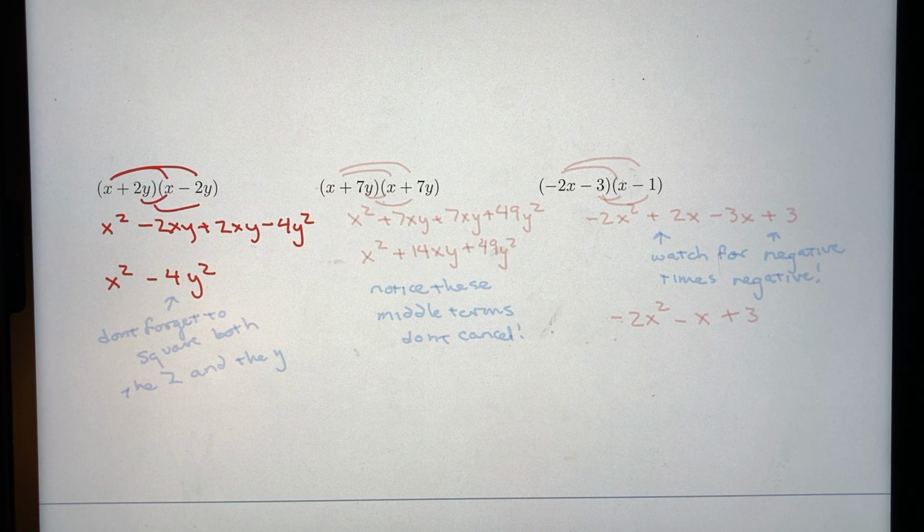Don't forget to square the number as well as the variable. Okay, next.